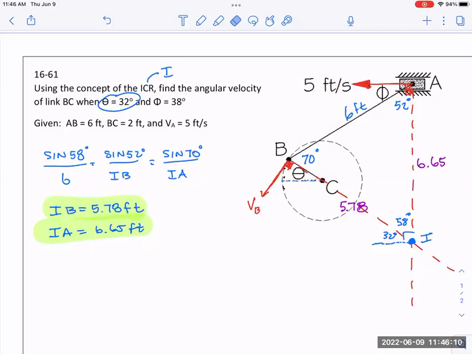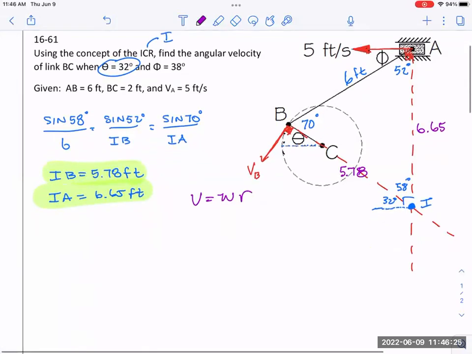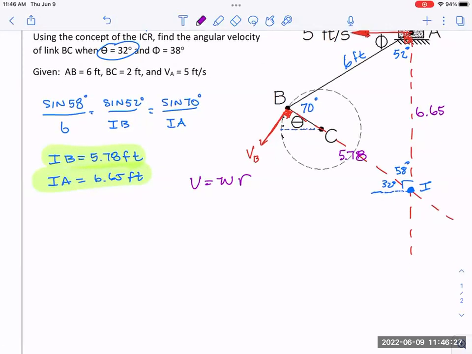Sweet. So this is going to allow me, and let's do this one a little more algebraically. We said a second ago that linear velocity is angular velocity times radius, which means I could rewrite this as angular velocity equals linear velocity over r.